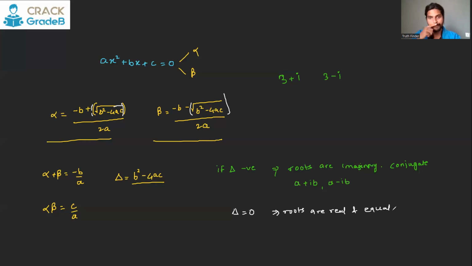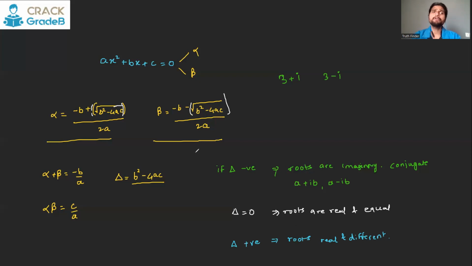Both the roots will be equal. And lastly, if whatever is inside the under root is a positive quantity, that means if delta is positive, then the roots are real and different. Then we'll have two proper roots, different and real.